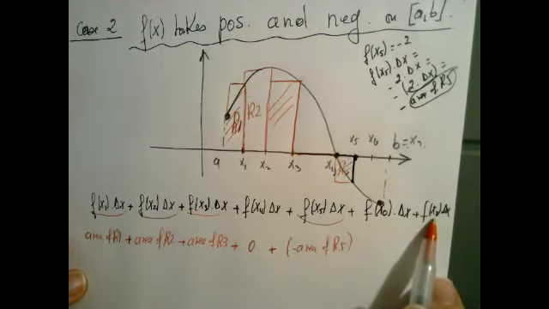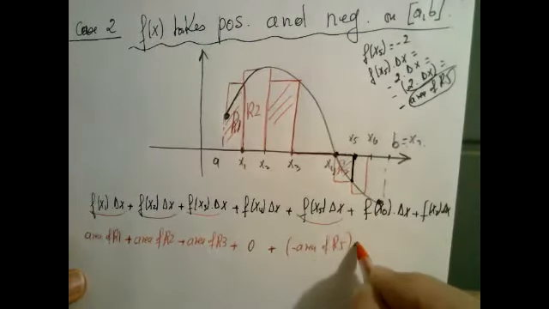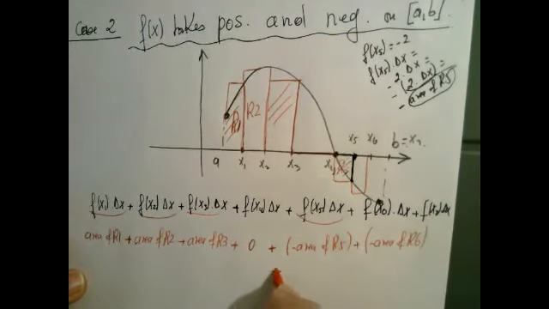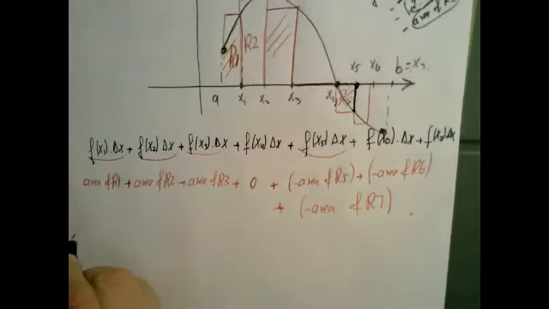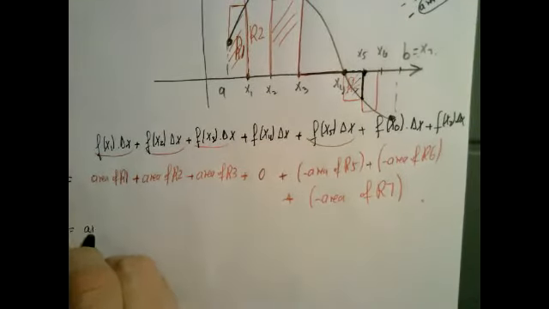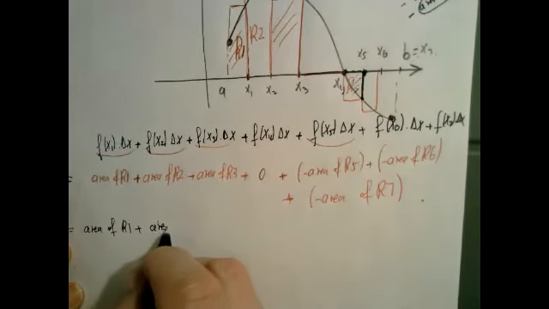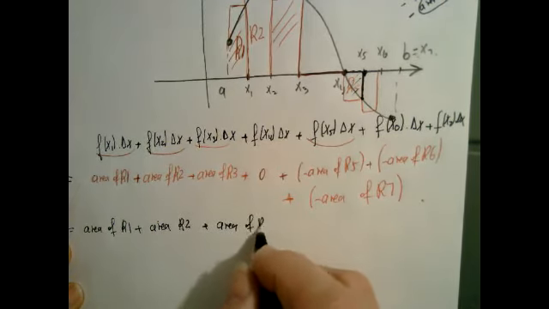So this part of the Riemann sum is giving me minus the area of R5 plus minus the area of R6 plus minus the area of R7. Now, if I do a little bit of math, I will get that this Riemann sum will give me the area of R1 plus area of R2 plus area of R3.